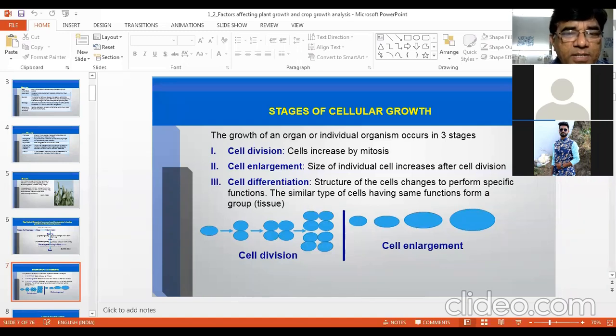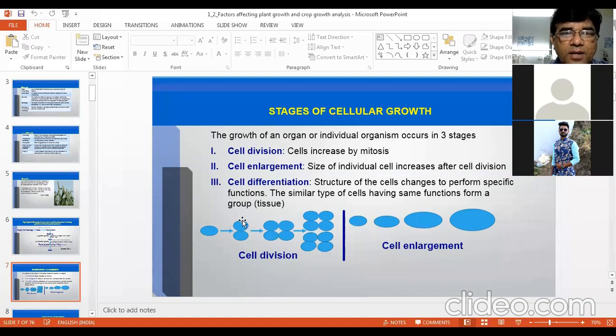After division, you can see in the picture, one cell is making 2, 2 is making 4, 4 will make 8, and so on. This mitosis or cell division happens. And after that, cell enlargement. The size of the individual cell increases after cell division. Then you will get further growth. So growth of the plants is mainly by cell division and cell enlargement.